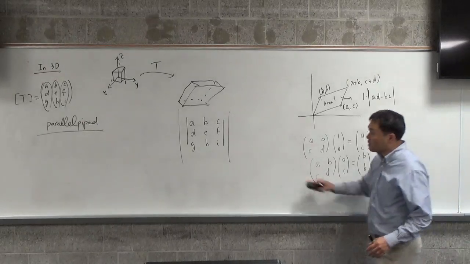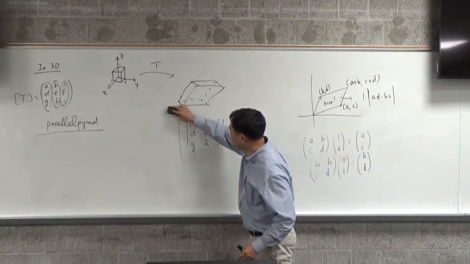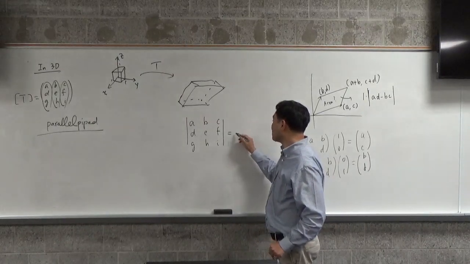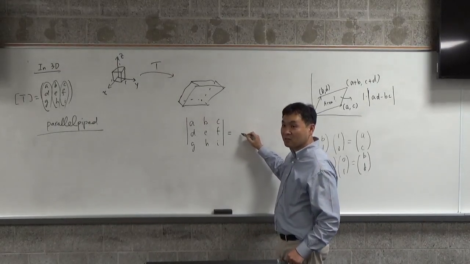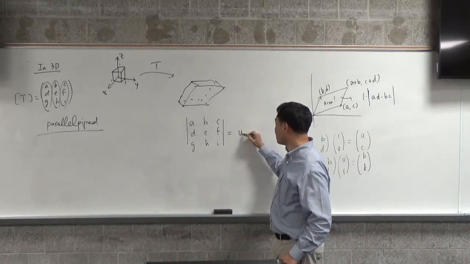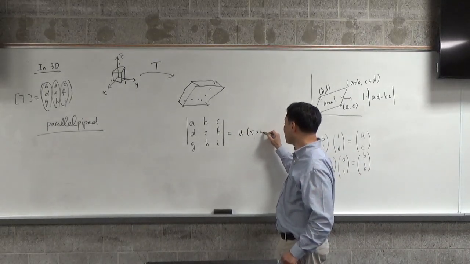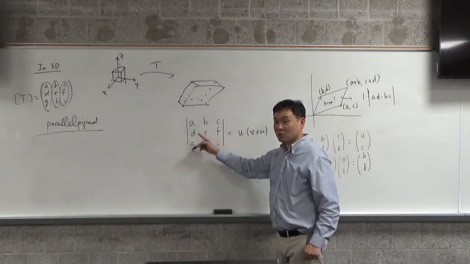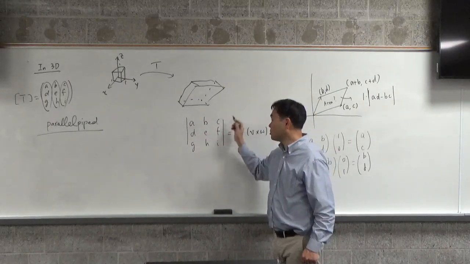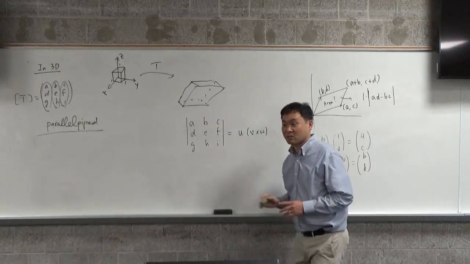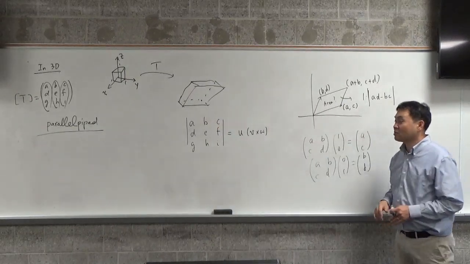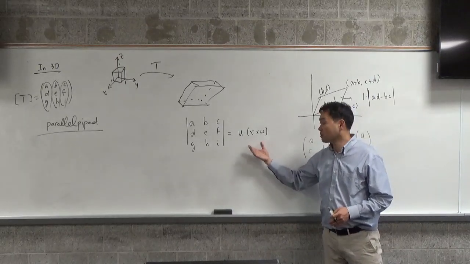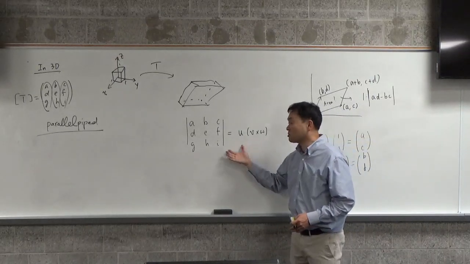By the way, we actually learned something else here too. This is given by the triple product of 3 vectors, U dot V cross W, where you can view U, V, W either as column vectors or as row vectors. Either way, it's the same thing. That's where you learn this in multivariable calculus.